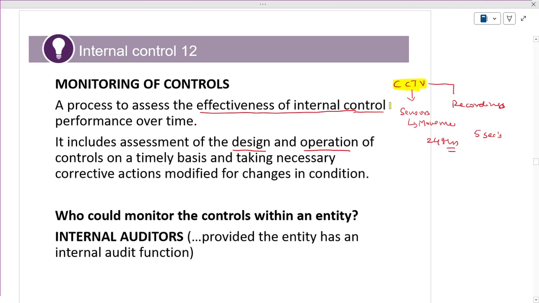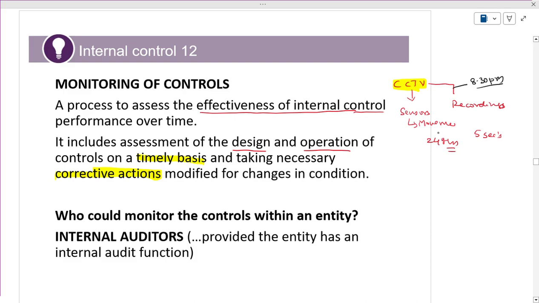When you are installing CCTV cameras, you should also assess on a timely basis, and if there are any deviations, you have to take corrective actions. Somebody will come randomly and say that yesterday something happened at 8:30 p.m. in the night.